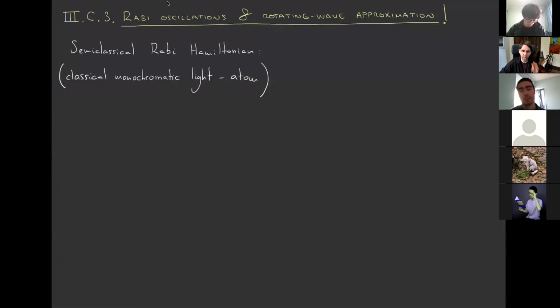And when you shine this kind of laser light into an atom, what you get is a Hamiltonian that looks like this. As I say, we will prove this in the next chapter, but for now, just take it as one interesting Hamiltonian that we will analyze and we will justify in the next chapter.